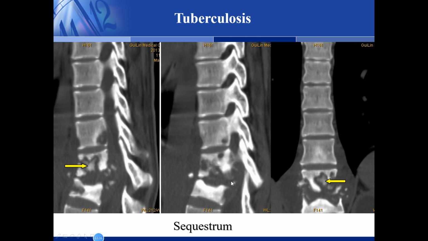Here is the sagittal view, and you could find in the destruction region there is sequestrum in it.